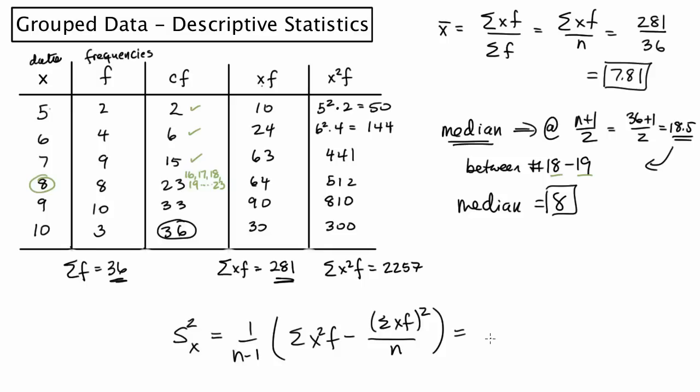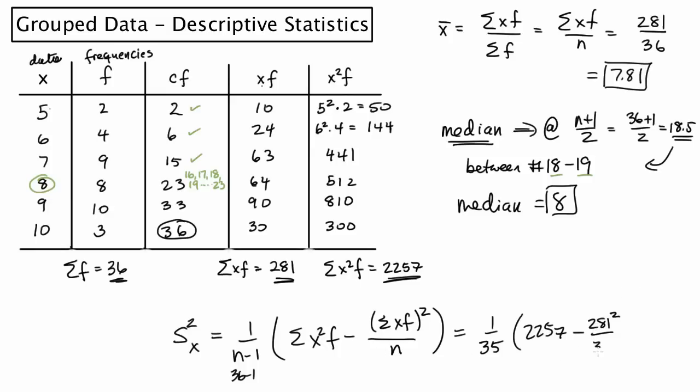So looking at everything we have so far, since n is 36, this will be 1 over 35 on the outside, so 36 minus 1 would go in there. The sum of the x squared f's is right here. That's 2257. The sum of the xf squareds would be the number 281 squared.